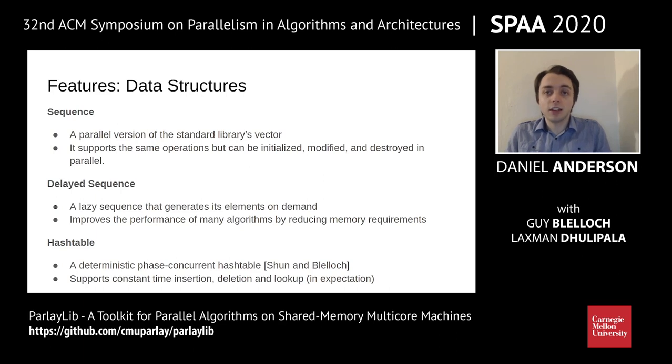We also have a delayed sequence, which is essentially a lazy functional sequence that generates its elements on demand. This turns out to be really useful in parallel programming because it can save you a lot of memory in situations where you're dealing with compositions of sequences and you don't actually want to make copies of everything. This actually in practice can speed up some algorithms by a factor of 30 because it can save a lot of memory.